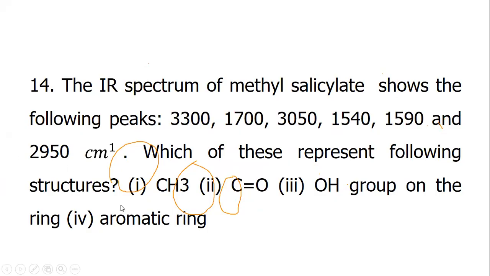Question number 14. The IR spectrum of methyl salicylate shows the following peaks: 3300, 1700, 3050, 1540, 1590, and 2950 per cm. Which of these represent the following structures? CH3, C=O, OH group on the ring, aromatic ring.